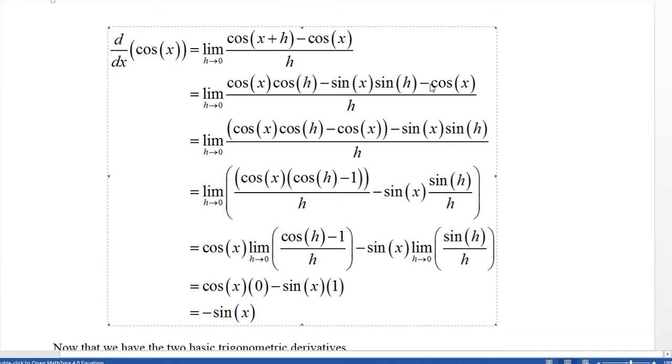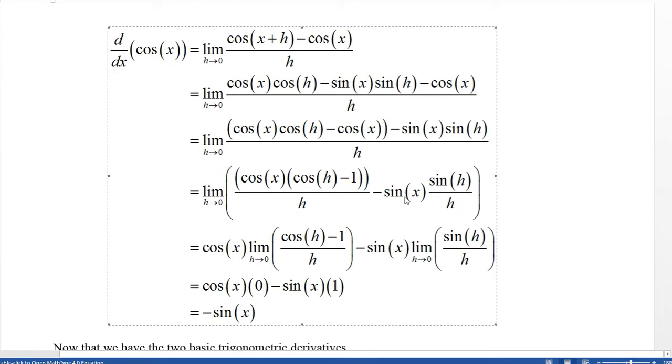Now, like we did with the sine, we're going to group this together. We're going to put the first and last terms together and leave the middle one by itself. On the first and last, we can factor out a cosine of x, leaving cosine of h minus 1, and then we're going to put both of these over h.